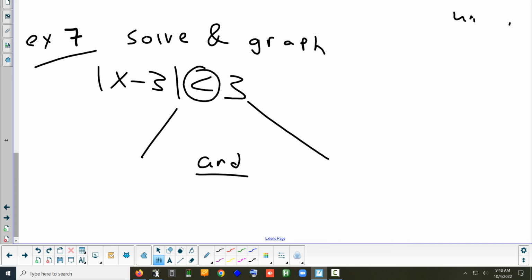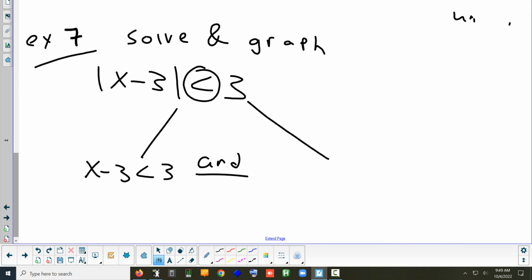And what would be my first inequality that this splits up into? Tell me my first inequality. So remember, same as the original, just get rid of the bars. Perfect.